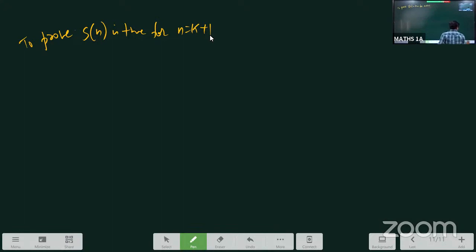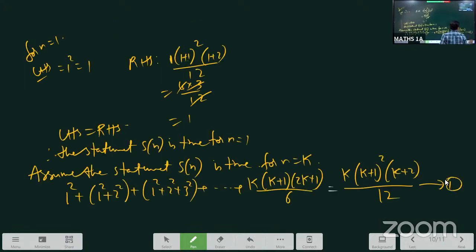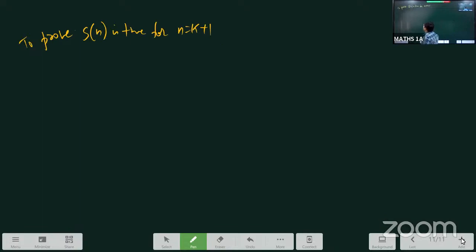Now, to prove S of n is true for n equal to k plus 1. So here, this is your equation 1 again. For that, what I should do? Add k plus 1th term on both sides of 1.